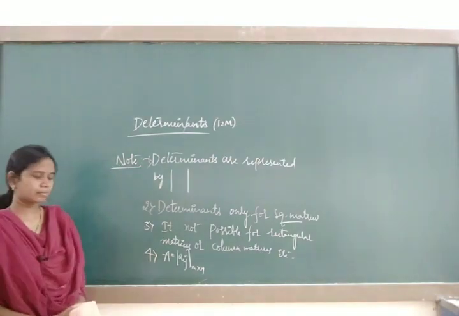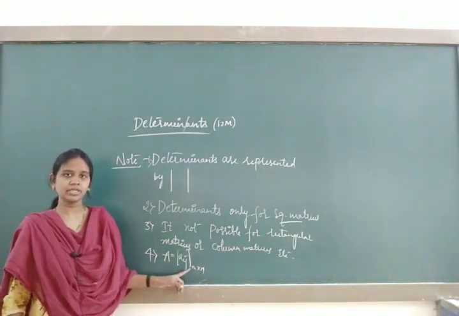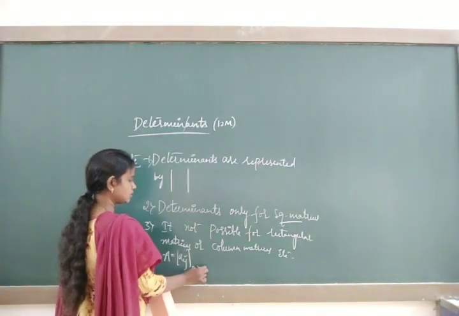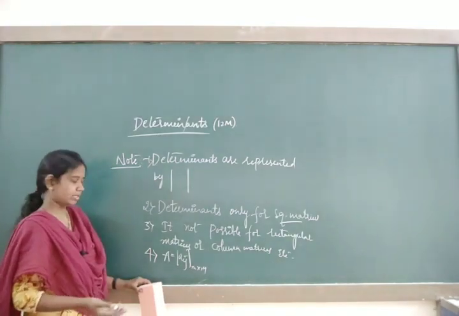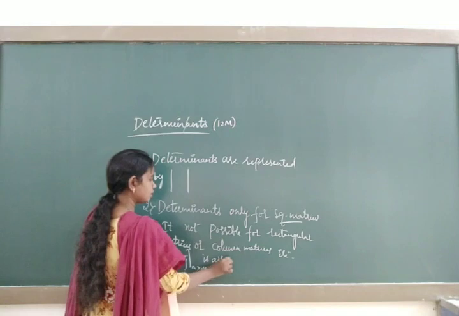This is the representation of matrices we have already studied: A is equal to Aij, m cross n. Instead of n, you take m cross m itself because it's a square matrix. A matrix is associated with a number.